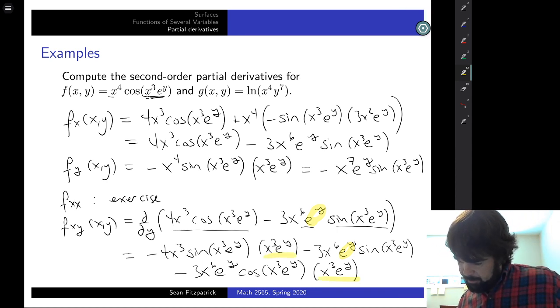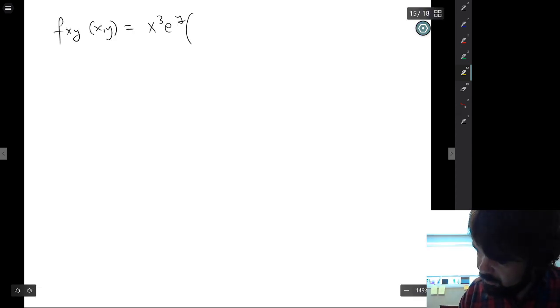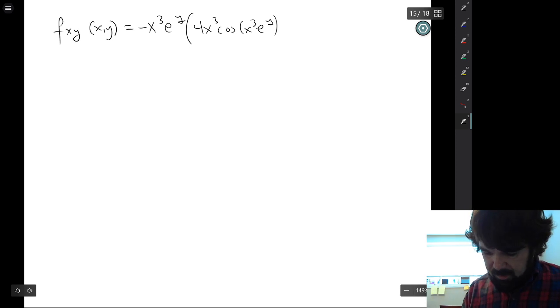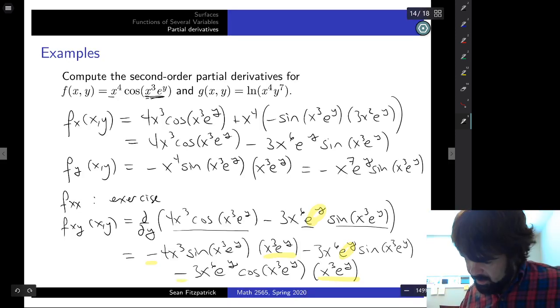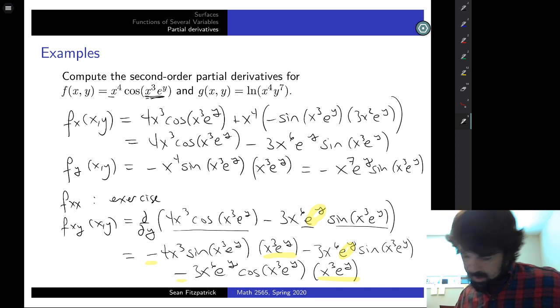So, and actually let's pull up the minus sign as well because we have minus in both. Okay, and then we've got 4x cubed cosine of x cubed e to the y. Okay, and then the other one was, or sorry, that one's sine, and then it's x to the 6th e to the y.